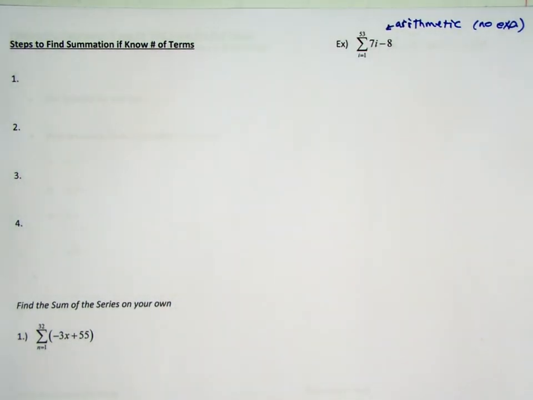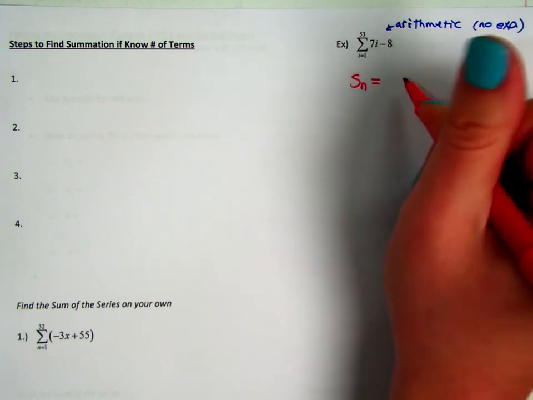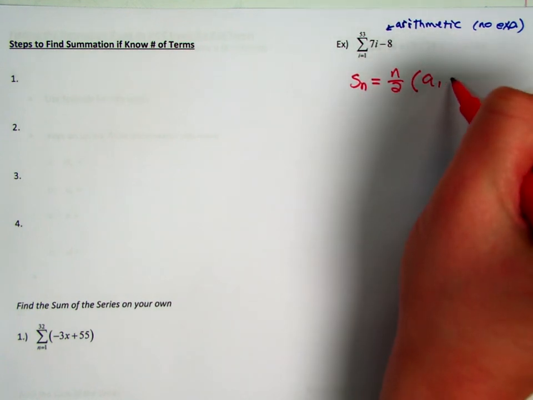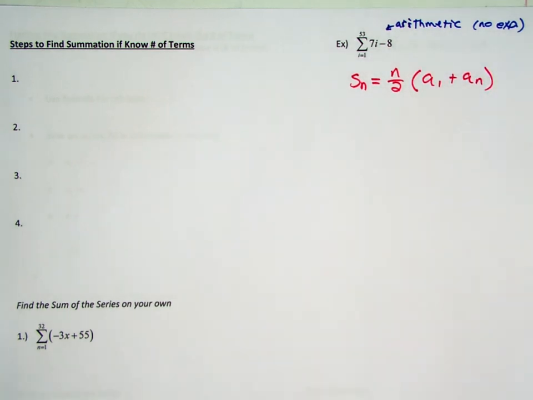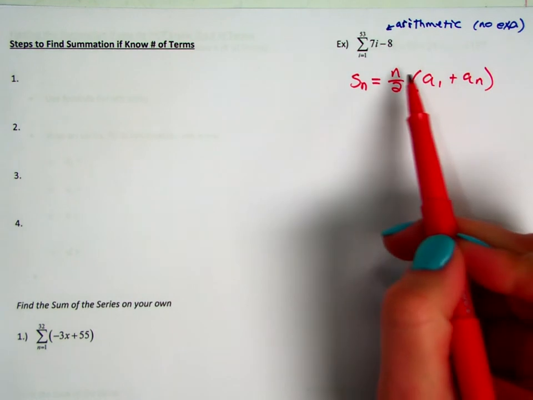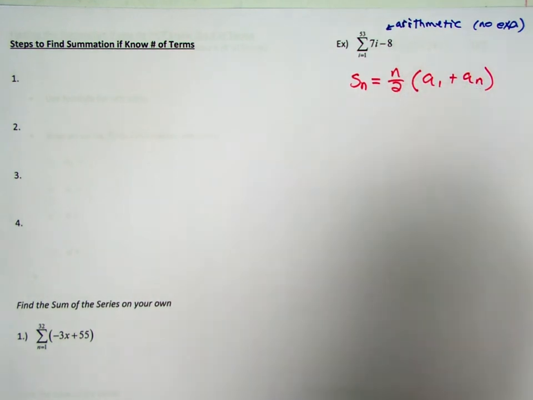So since we're dealing with an arithmetic series, we basically need to use the formula s sub n equals n over 2 times the quantity a sub 1 plus a sub n. So if I'm going to actually do this problem, I need to know what's my n, what's my a sub 1, and what's my a sub n.